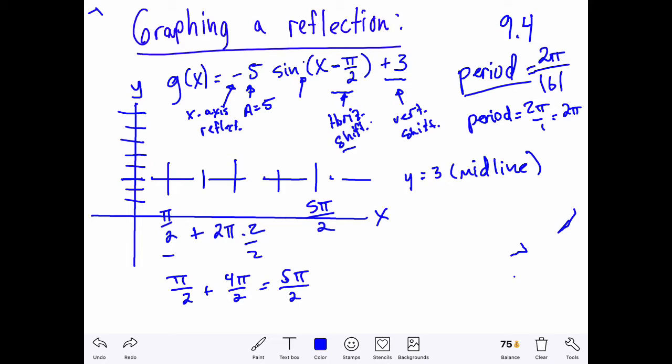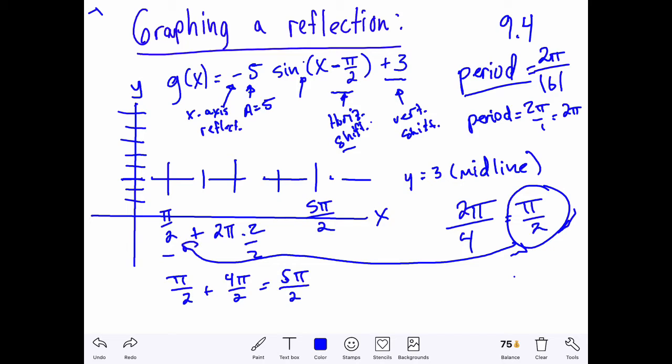Well, what do we do next? Well, we take 2 pi and divide it in how many pieces? You got it, 4 pieces, 4 equal pieces. 2 pi divided by 4, pi halves. So this is the amount I'm going to add to where? Well, back here to my starting amount each time.